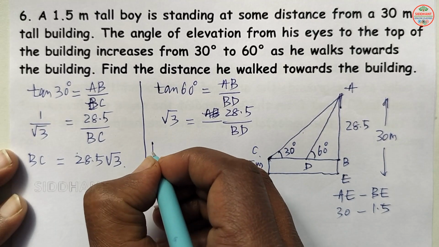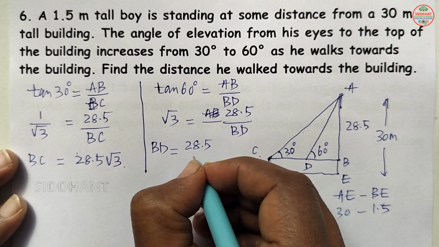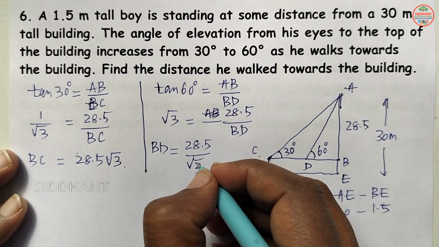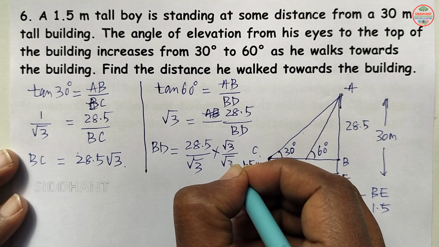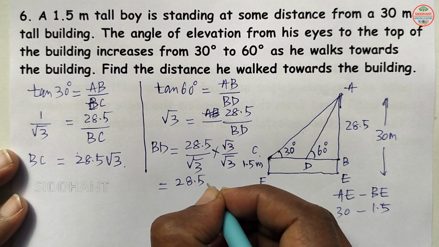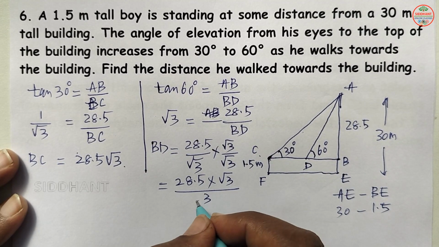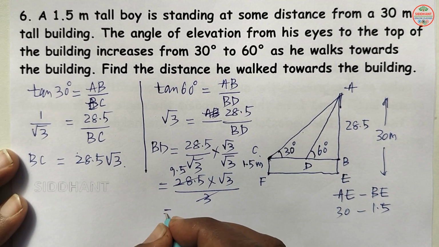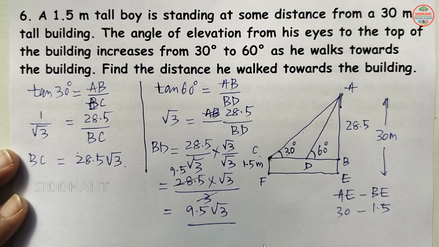So BD equals 28.5 by root 3. We are going to rationalize the denominator, so we multiply with root 3 and root 3 here. So that will be 28.5 into root 3 by 3 here. Here 3, here 3. So 9.5 divides, and we get 9.5 root 3 here.